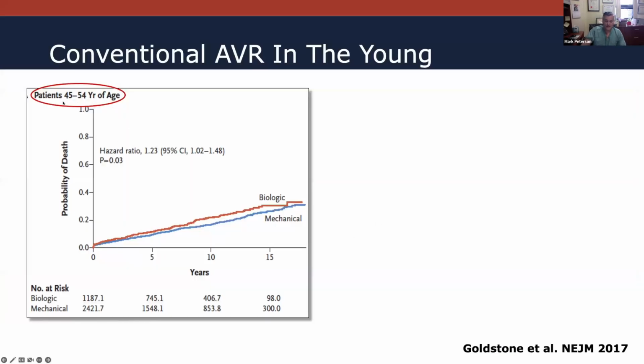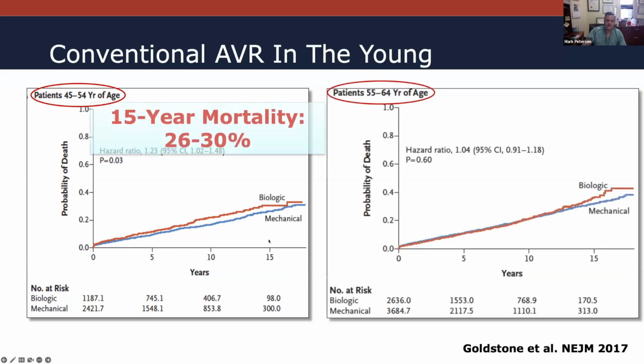So if you look at patients between the ages of 45 and 54 years of age, this is the probability of death over time after a bio-AVR or mechanical AVR. So again, at 15 years, straightforward biological or mechanical valve, the chance of being dead at 15 years was in the range of 26 to 30%.